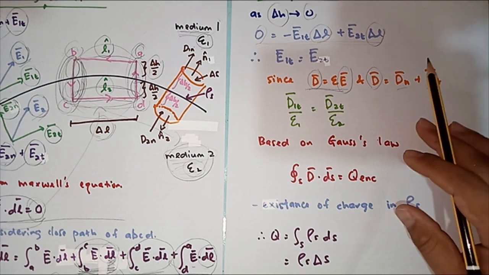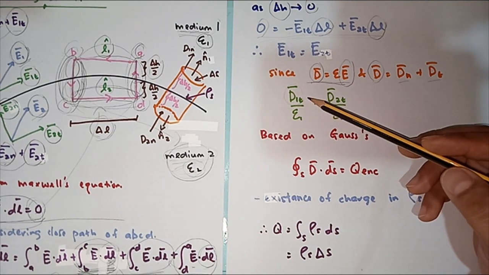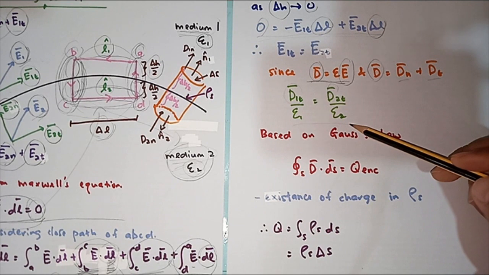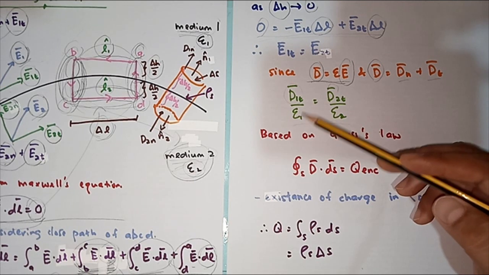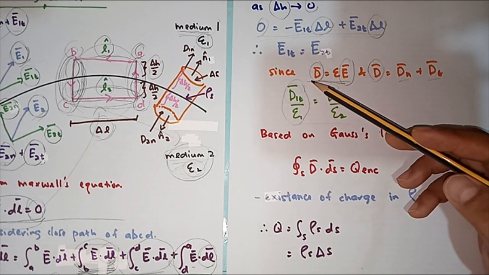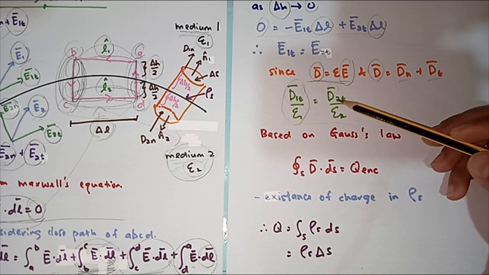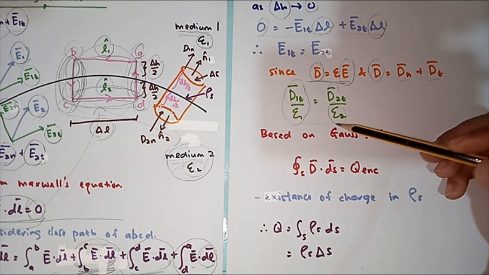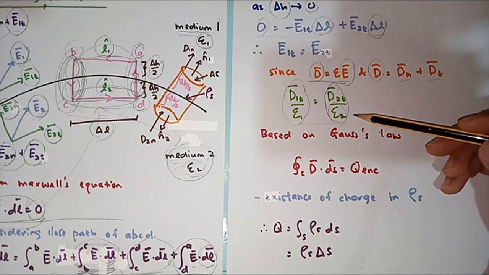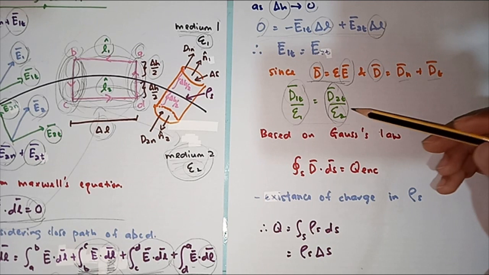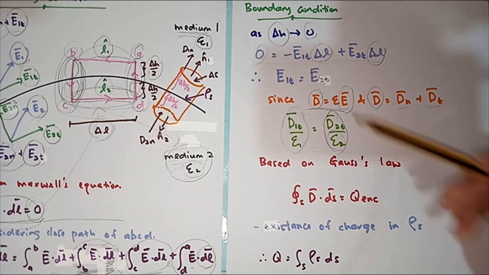So we can have the relationship between the tangential components of D1 and D2 as shown in this equation: vector D1t divided by epsilon 1, the value of electric flux in medium 1, is equal to vector D2t divided by epsilon 2, which represents the electric flux in medium 2. So here we solve only the tangential component.